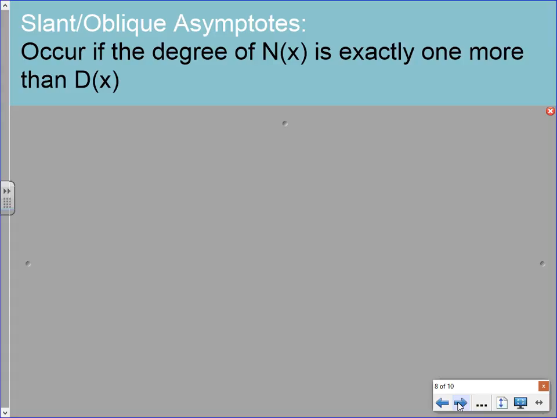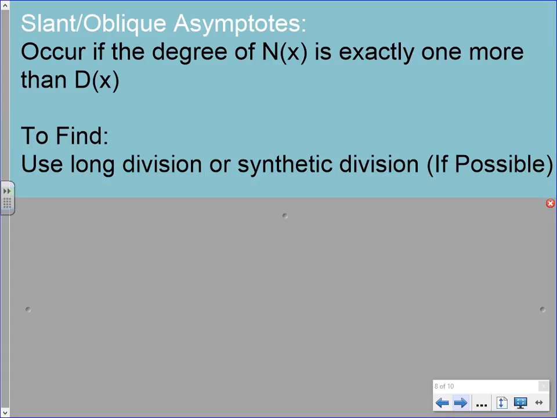When the degree of the numerator is exactly 1 more than the degree of the denominator, to find that line, we get to use division. If the numerator has a higher degree, it means it's larger, okay?